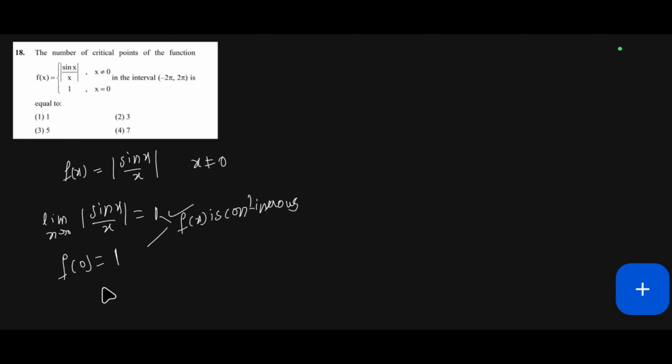So find f dash of x. f dash of x is equal to d by dx of sin x by x. Using the u by v formula: v into du, that is x into cos x, minus u into dv, where u means sin x, over v square, x square.